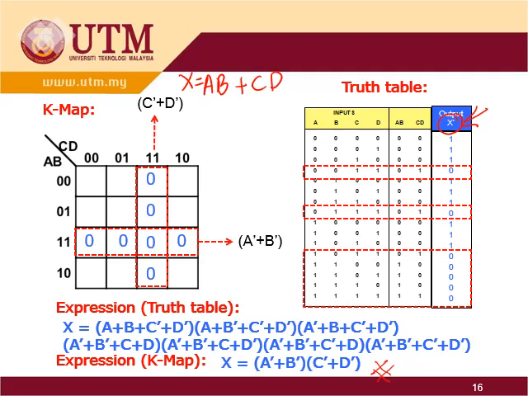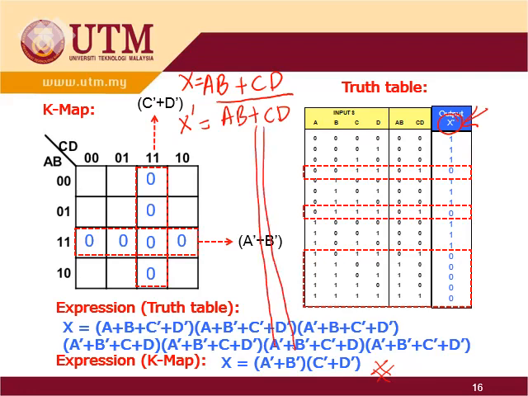When we want to have NOR invert logic, we have x bar. That means our AB plus CD now has a bar all over it. I want you to try this and solve this using De Morgan's. You will end up with this answer.